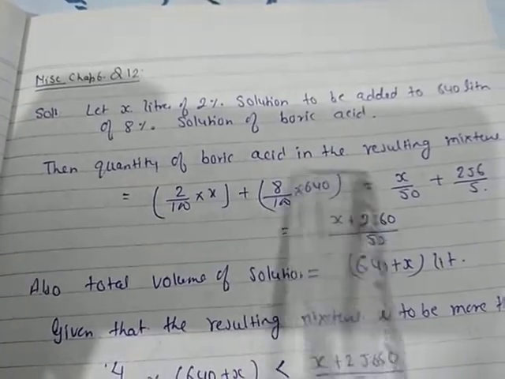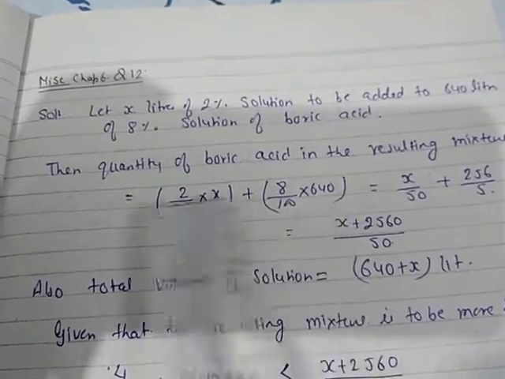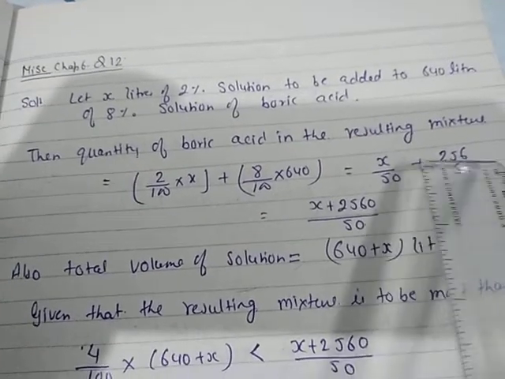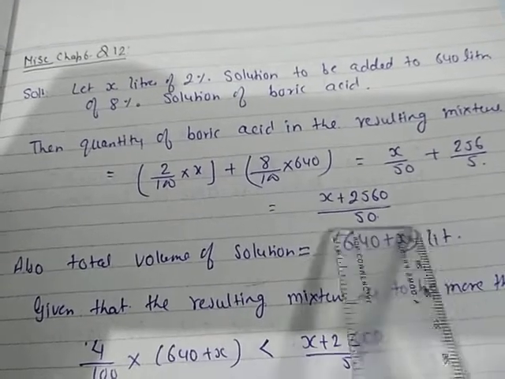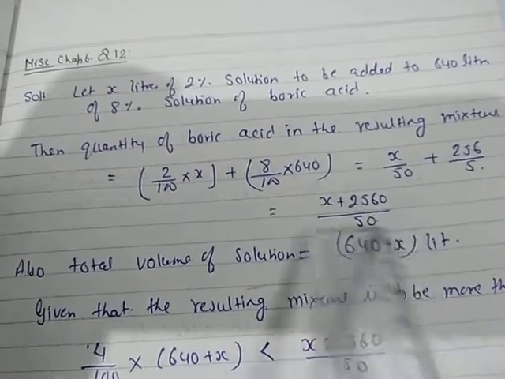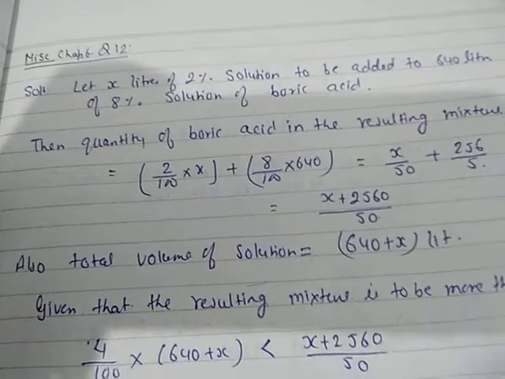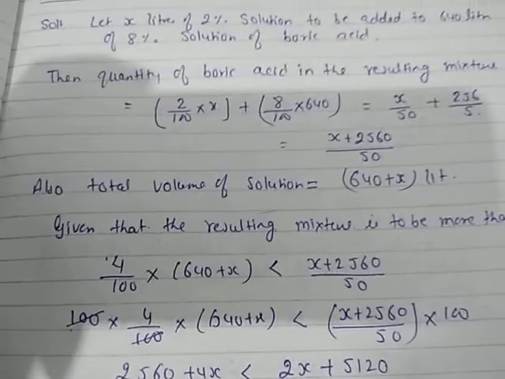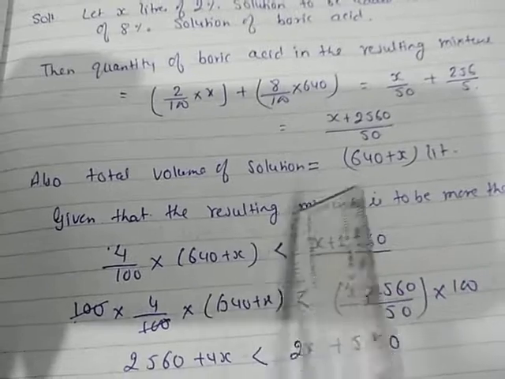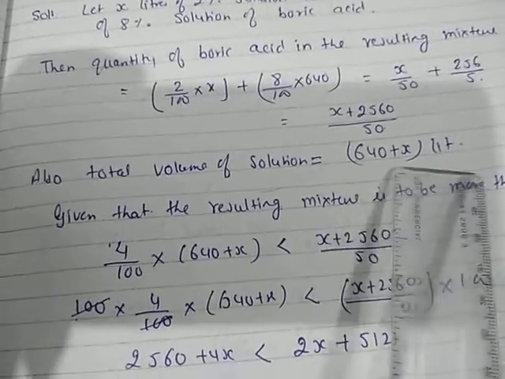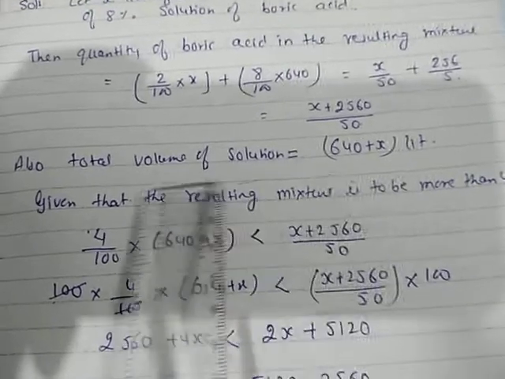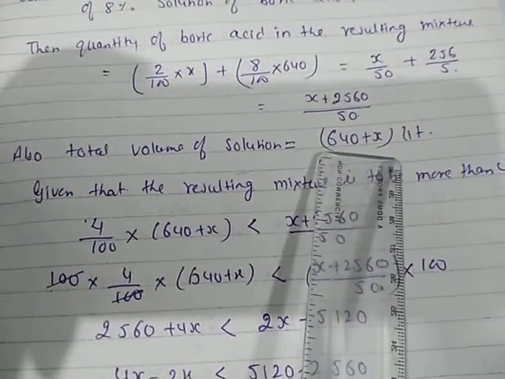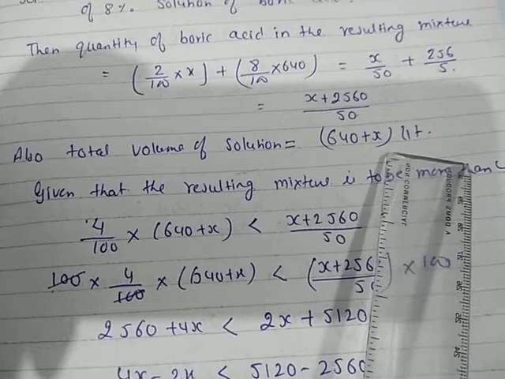After doing the calculation, the value is (X + 2560)/50. The total volume of the solution will be 640 plus X, because we have added X liters to 640 liters.